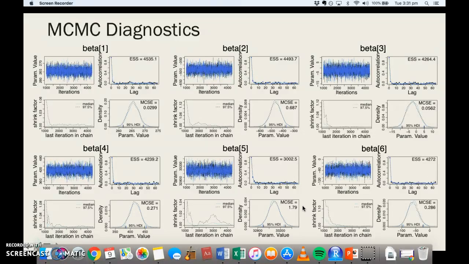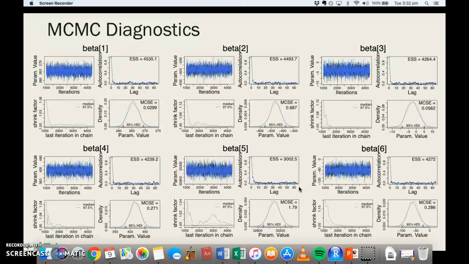It's also got a lower ESS value than the others, and the shrink factor plot is the only one that doesn't look as good. So there's possibly some autocorrelation or some issues with beta 5, but the others all look good.